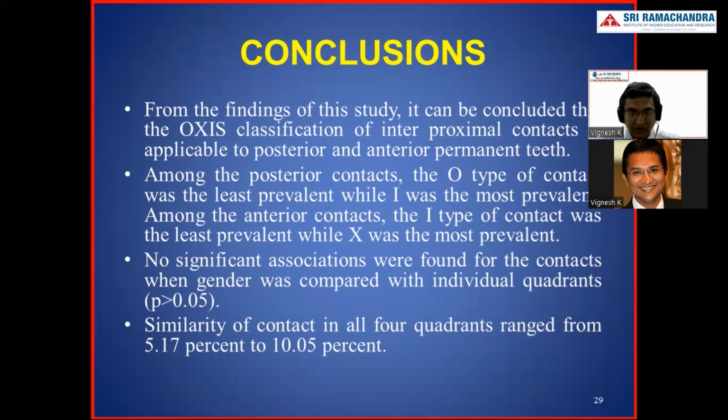These conclusions were different from the deciduous dentition because the permanent dentition essentially does not have spacing as a normal feature. No significant associations were found for the contacts when gender was compared with individual quadrants. The similarity of the contact in all four quadrants ranged from 5 to 10%.